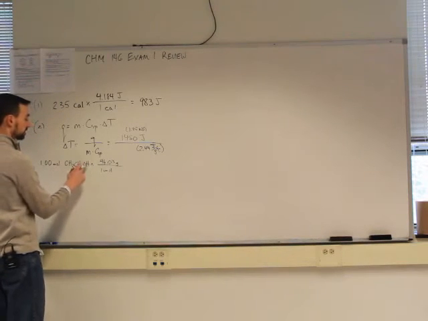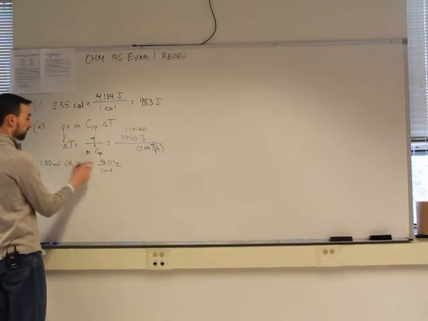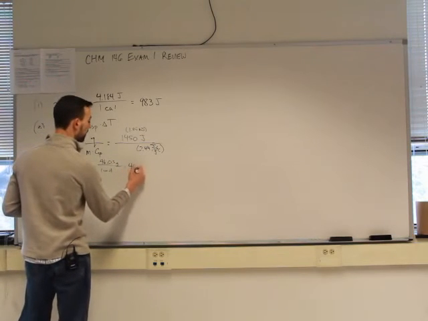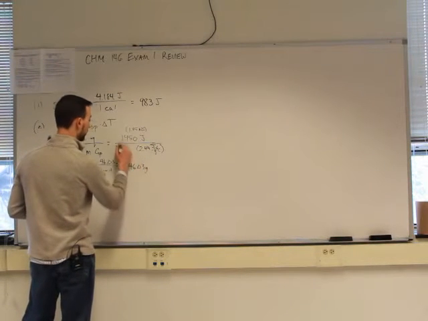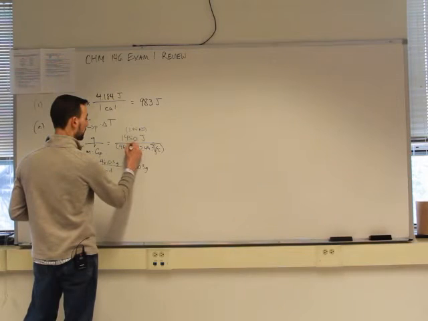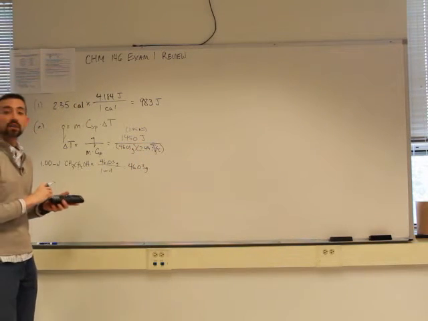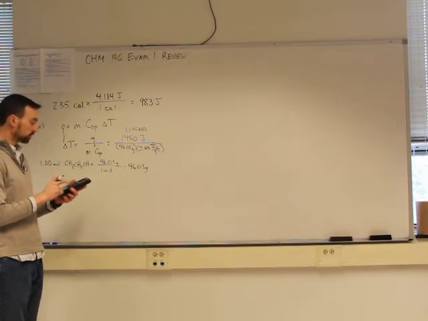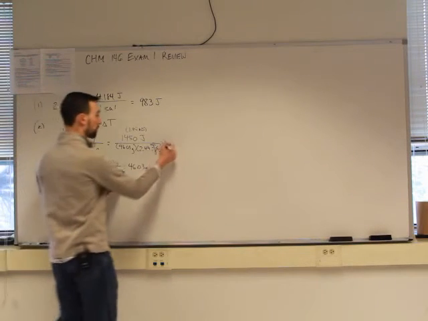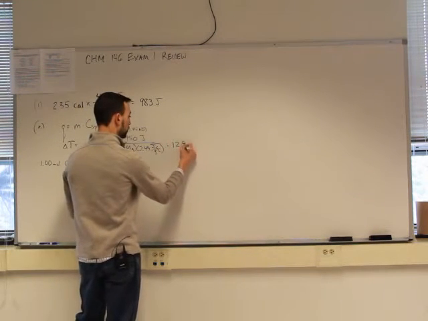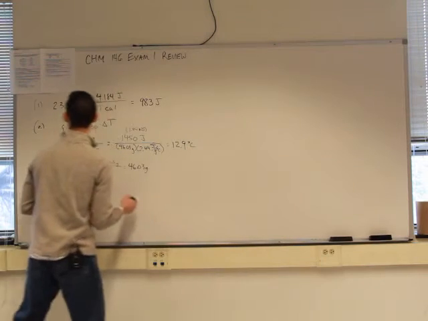All right, 12, 24, 40, yeah, 46. So that means we've got 46.03 grams of ethanol, which come up here to be our mass. So we'll take our 1,450 joules divided by both the 46.03 and the 2.44, and we come up with a change in temperature of 12.9 degrees Celsius.